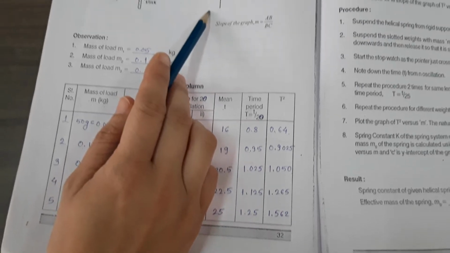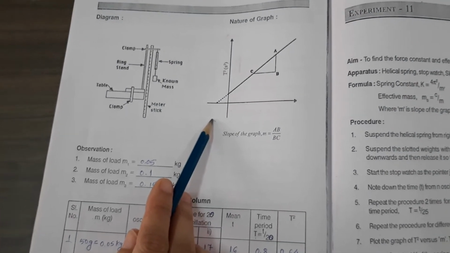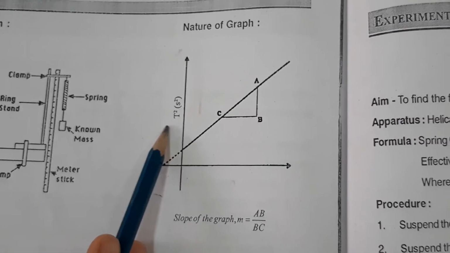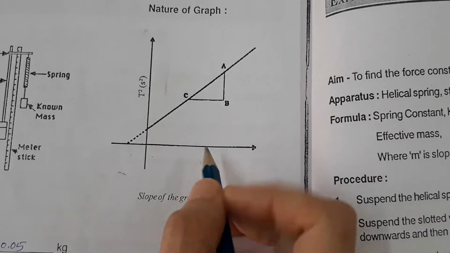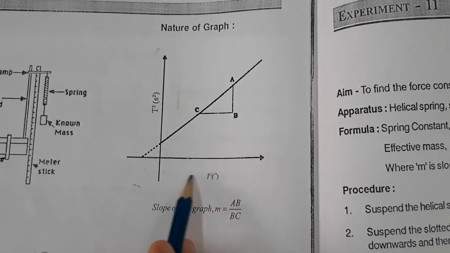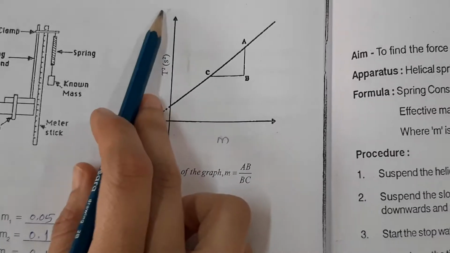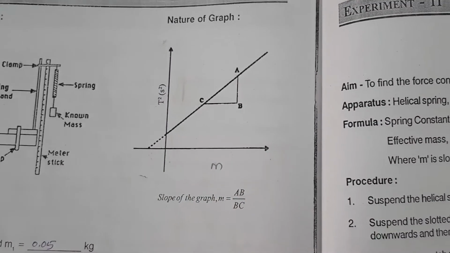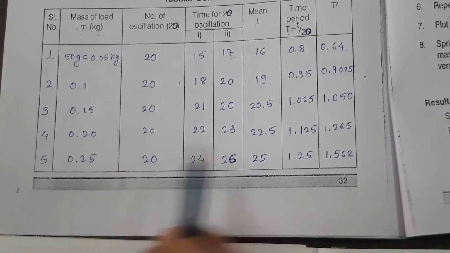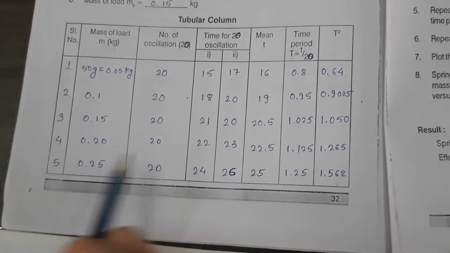See, the nature of graph is here. It is T square versus M, that is the mass. So mass we are going to write along x-axis and time square along y-axis. Here in the tabular column, mass is this much and the time is this. So we have to take the graph for these two columns.